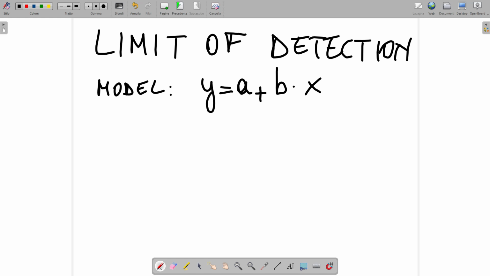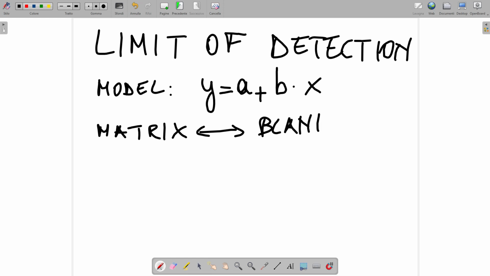Now, the limit of detection, another thing to be told before giving the definition. The matrix, that is all the chemicals that are together with the analyte, is also called the blank. So the blank is a system where we have all the substances except the analyte.